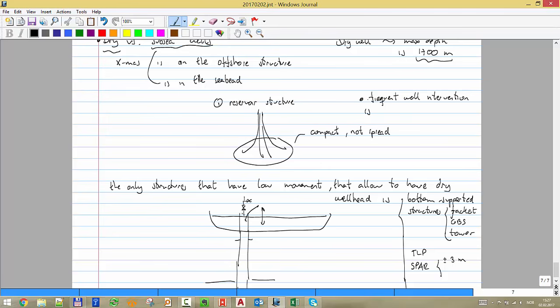If you know that you have problems, for example you might plug the formation, or you might have something very corrosive so you will have to replace the tubing, or you need to change equipment in the well, or do a sidetrack, in that case, if you need to perform well intervention, then you want access at the top of the well, so that you can make any change and access the well very quickly. That's another reason for reservoir structure: if I want to perform frequent well intervention.